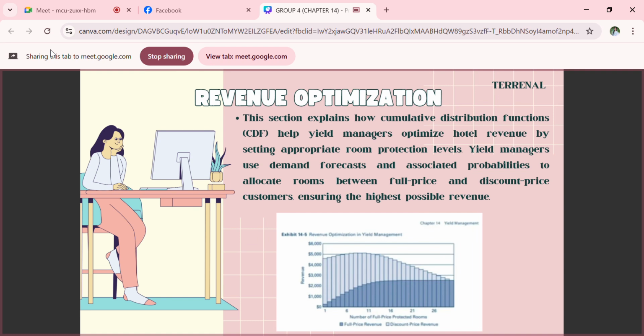However, if demand for full price rooms is expected to be high based on the CDF forecast, protecting those rooms for full price sales ensures maximum profitability. So the goal of this revenue optimization is to allocate capacity efficiently, maximizing revenue without missing out on high paying customers. And that's it from my side.